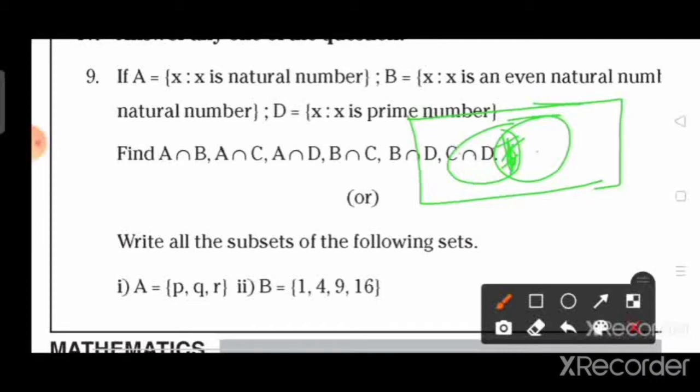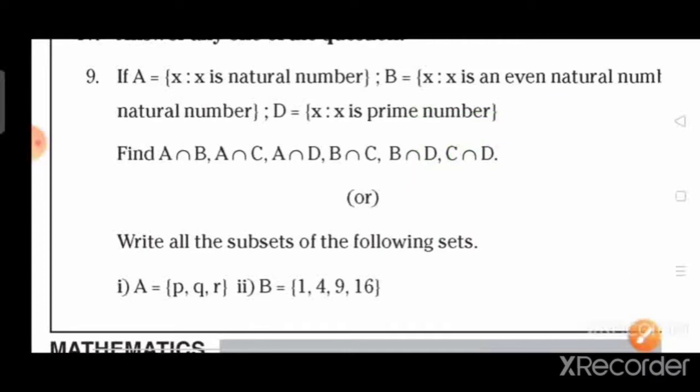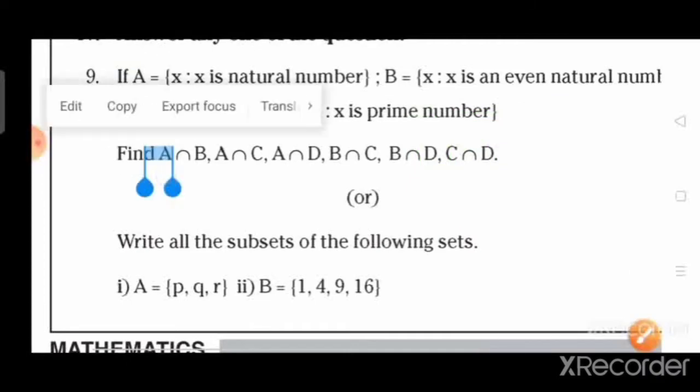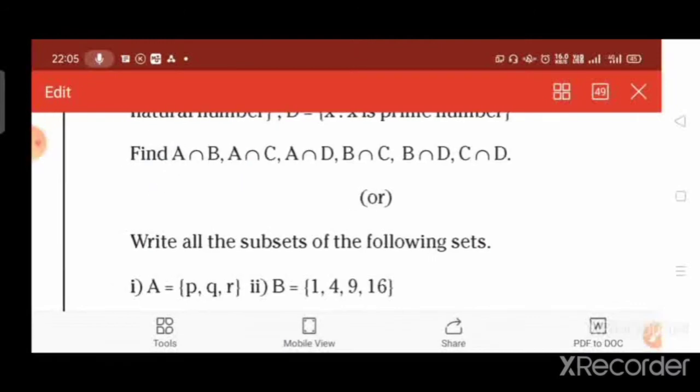Both sets must have this place, so we have to write like this. If there is one set and another set, intersection means we have to write the common area. Now here we have to write the elements of A and B.